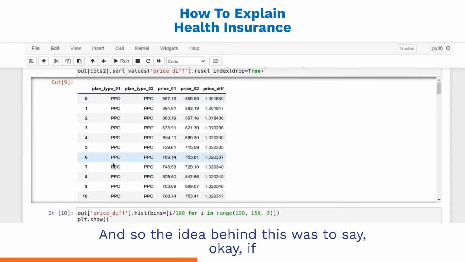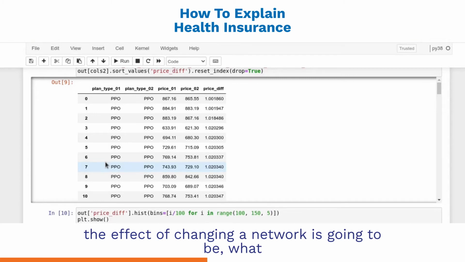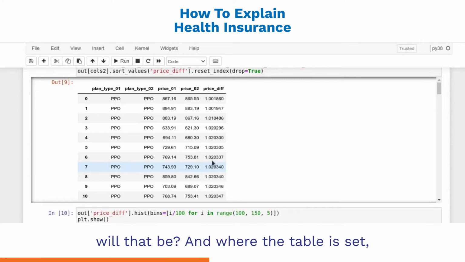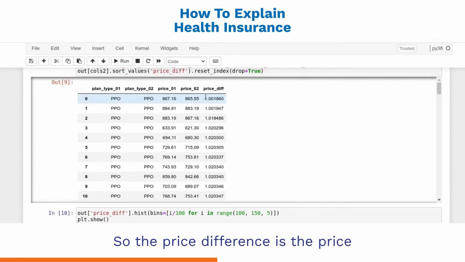So the idea behind this was to say, okay, if I were representing some employers, and I wanted to know what the effect of changing a network is going to be, what will that be? The table is ranked according to the lowest price difference. So the price difference is the price of network 1 divided by network 2.